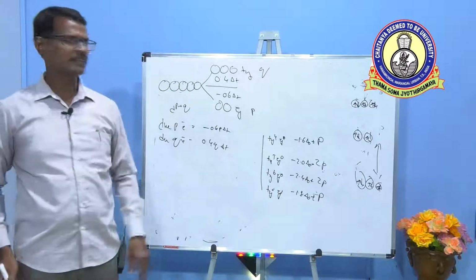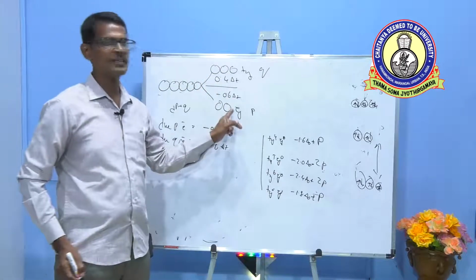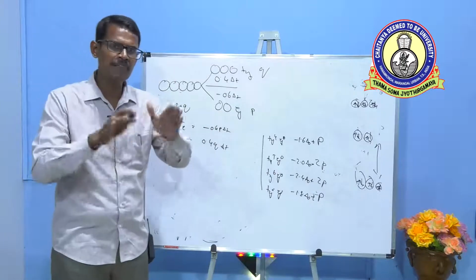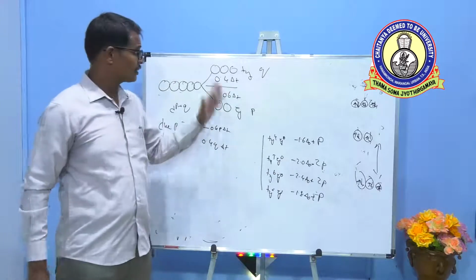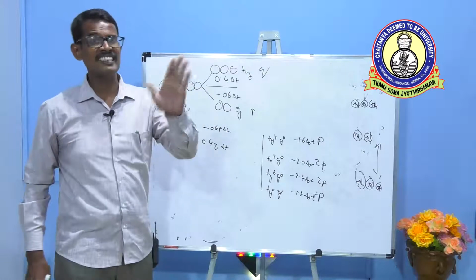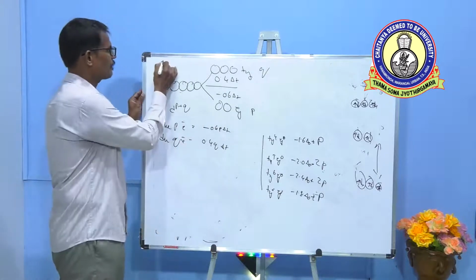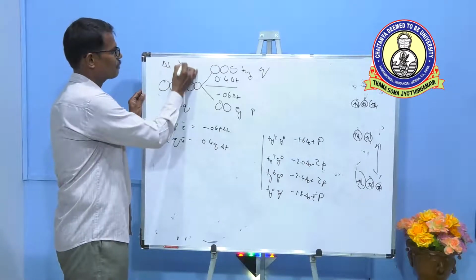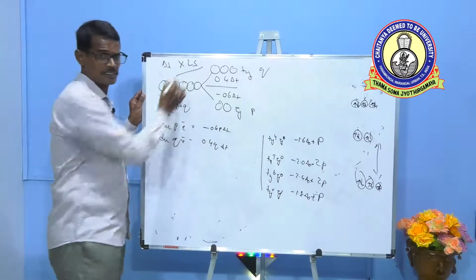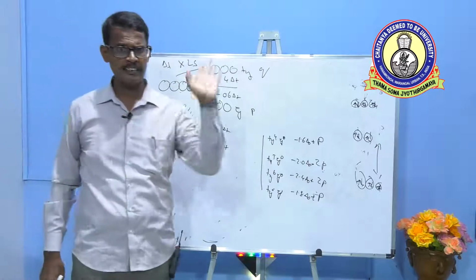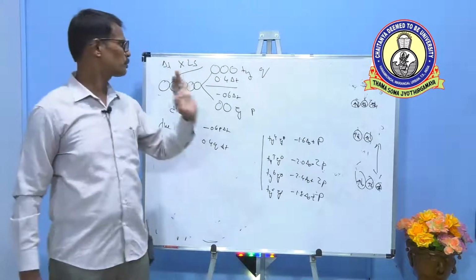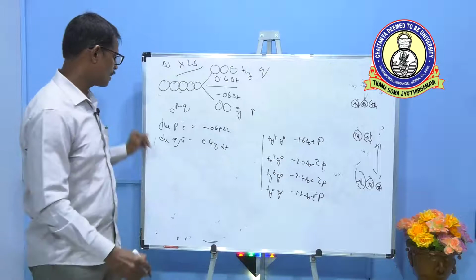Remember one thing: the crystal field splitting energy of tetrahedral is very small. That energy is always less than the pairing energy. This means tetrahedral complexes never form low spin complexes. Only high spin complexes are produced by tetrahedral complexes.